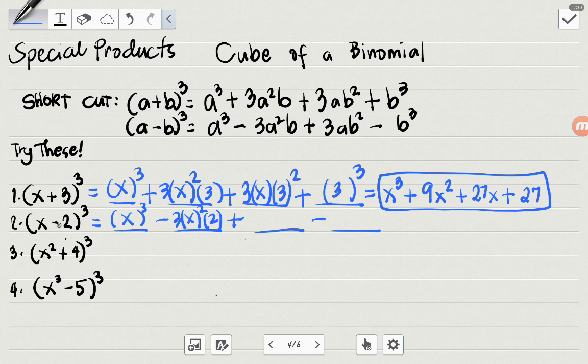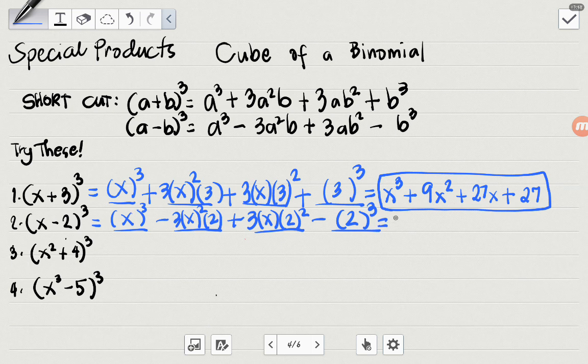Hindi mo na kailangan isama si negative 2 dahil minus na to. Okay. 3 times, hindi mo na kailangan square yung una, si x, pero i-square mo naman yung pangalawa, which is 2. And then, cube yung last term, which is 2. Again, hindi mo na kailangan isama si negative 2 dahil minus na to.